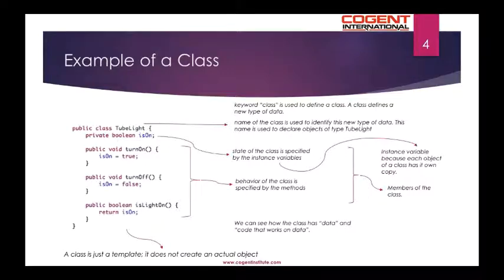It's called an instance variable because each object of the class has its own copy. The turnOn and turnOff methods represent the behavior of this class. Both the state and the behavior, that is the instance variables and the methods, are called the members of the class. A class is just a template. It does not create an actual object.